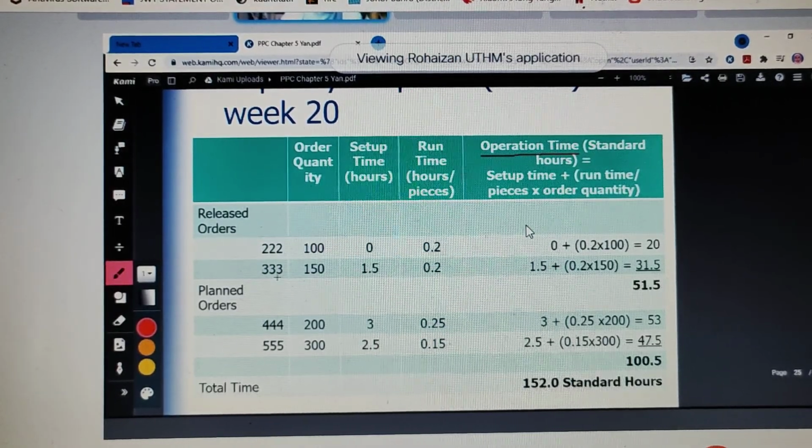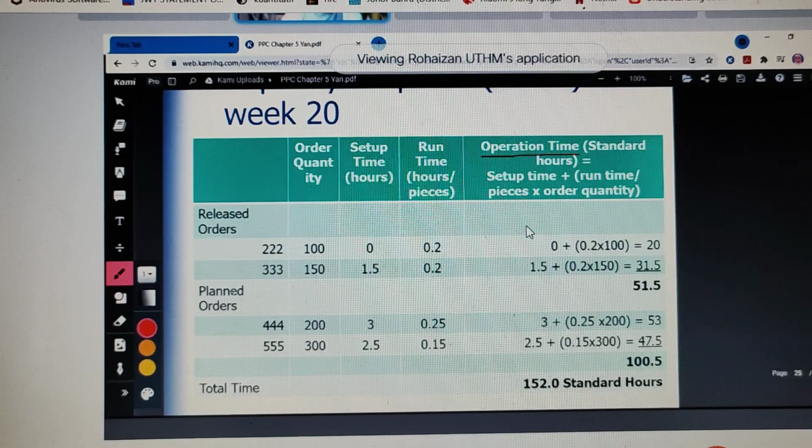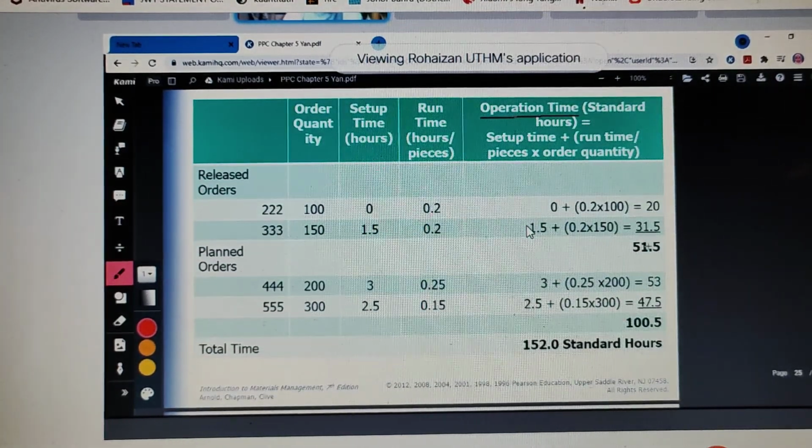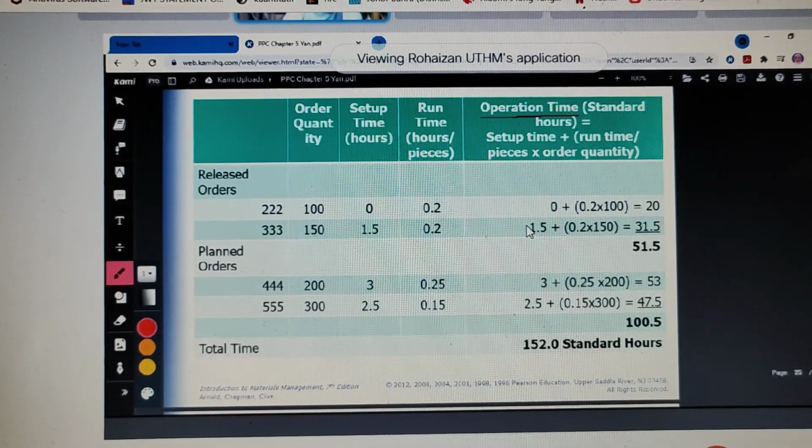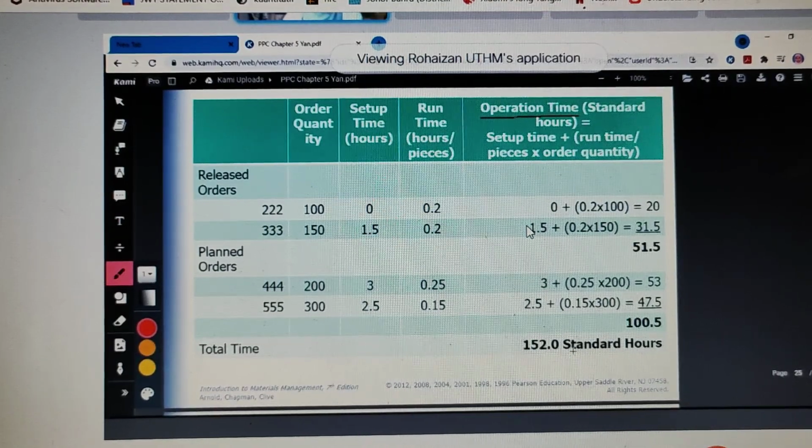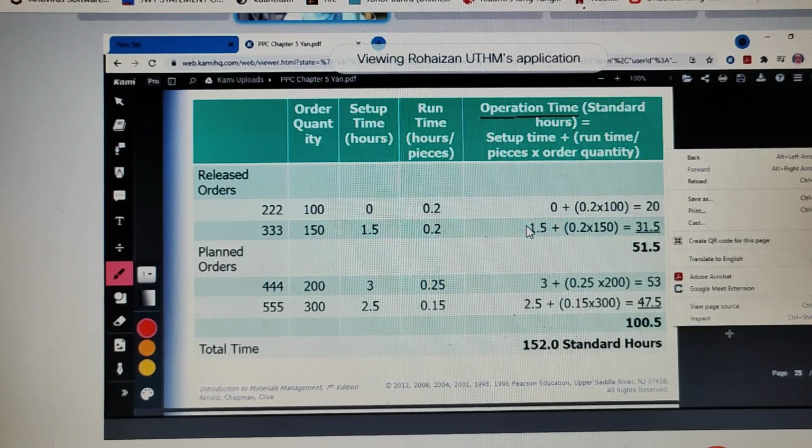Because we have release orders and planned orders, we total up for release orders, we total up for planned orders, and last, we total up for the whole operation time. So we know that the operation time is 152 standard hours. Okay, this is settled. Any question here?